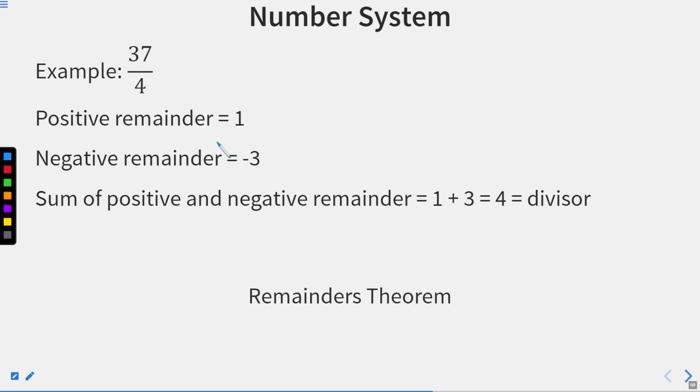Here we have positive remainder 1, because when you divide 37 by 4, you have remainder 1. So what should be added to this 1 to make it 4? It is minus 3. The sum of the positive and negative remainder is 1 plus 3 equal to 4. In this case, we are neglecting the sign.